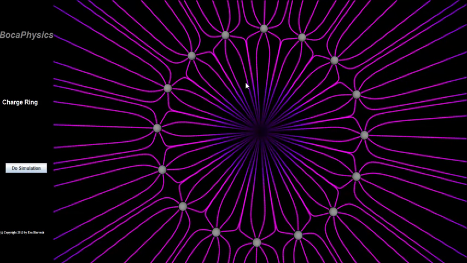In the seventh simulation, we see the electric field lines plotted due to a group of charges arranged to lie in a circle. An indication of the magnitude of the electric field is given by color. Brighter pink represents greater magnitude, and violet represents smaller magnitude. Notice that the electric field lines radiate outwards from the ring, and there's a bunching of electric field lines due to 2 neighboring charges.